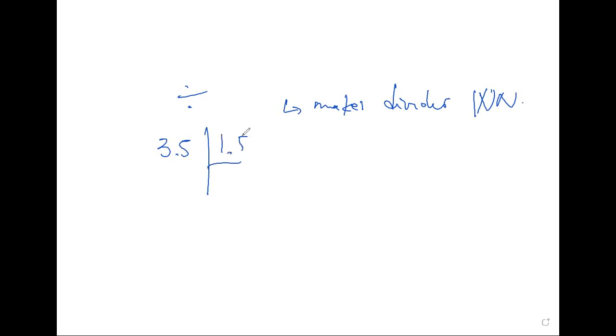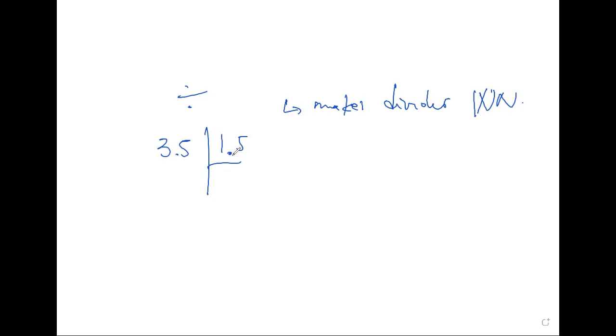Division now. In dividing decimals, you have to make the divider into a whole number. How do you do that? Let's say you have 3.5 divided by 1.5. You want to make 1.5 into a whole number.